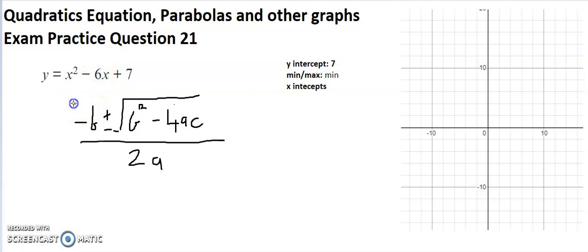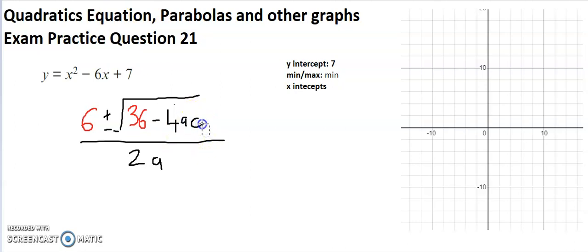So the first thing I think about is, what is my b? Negative 6. So negative 6 equals positive 6. As I do it, I'm just going to put it into the equation and take the algebraic letters away. b is negative 6, so negative 6 squared is 36. Now I'm left with negative 4 times a, which is 1.